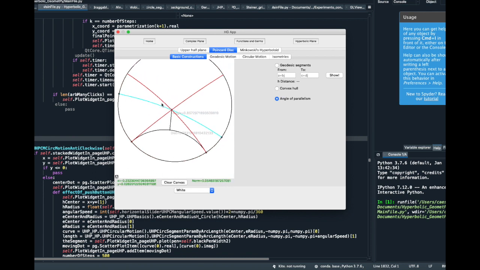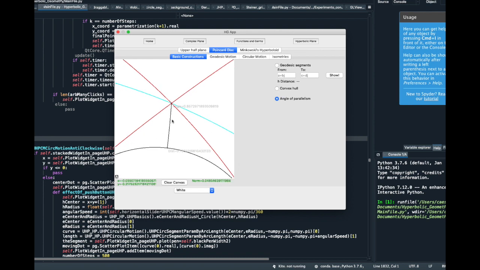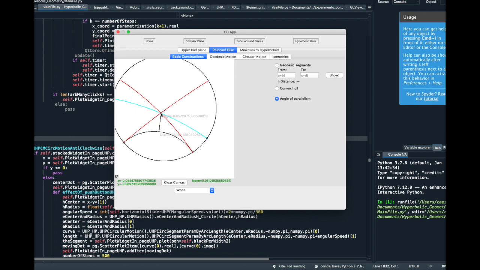And here in the program, when it says this angle, the angle that it's measuring is really just this one. Okay, so half this.